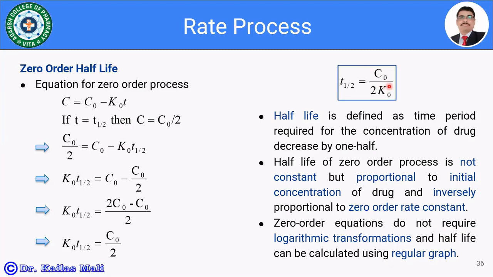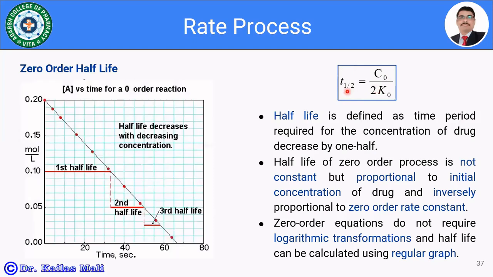And furthermore, it is possible to get an idea about the half-life of the zero order process. The half-life of the zero order process is not constant, but it is proportional to the initial concentration of reactant or drug, and inversely proportional to the zero order rate constant.